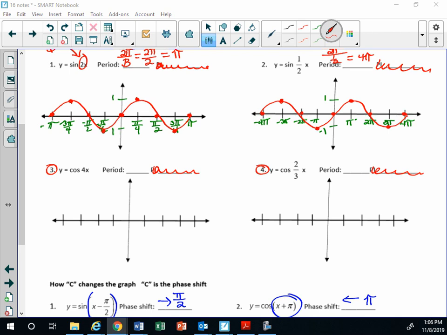Wait, 3? So what you need to do is take each one of these and multiply it out. So this is times 4. What is 3 times 2? So that was 3 times 3.